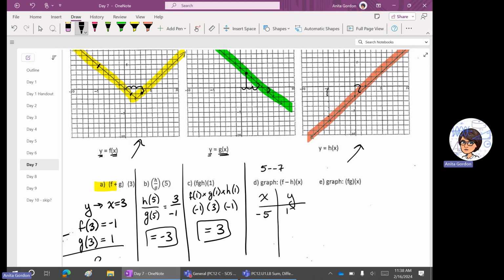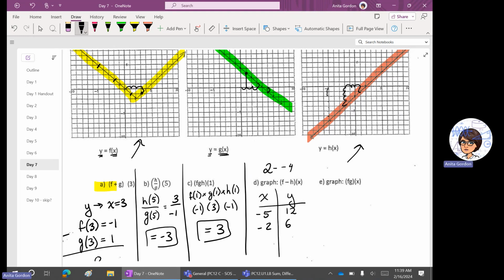That's 12. What if I did -2? At -2, this is +2. +2 minus, and then here at -2, I have 1, 2, 3, 4. -4. So this is going to be a +6.